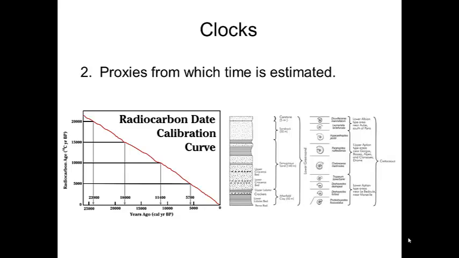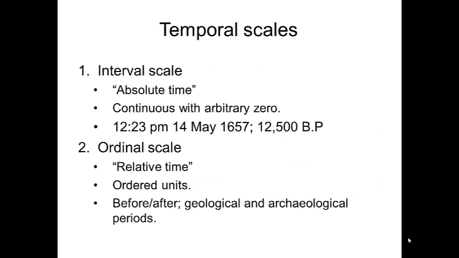So we can identify and age the rock layers by the ammonite population found within them. So we've got direct measurements of time and proxy measurements of time. So that's how we maybe measure time.